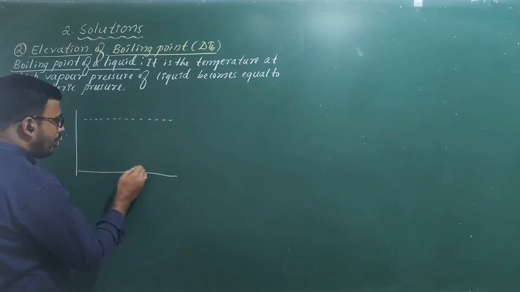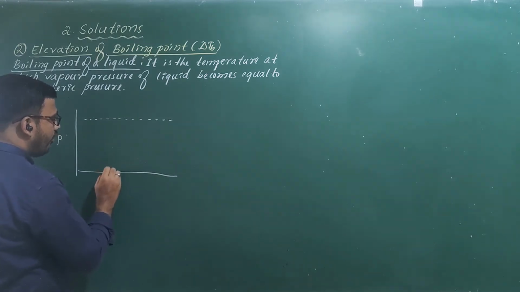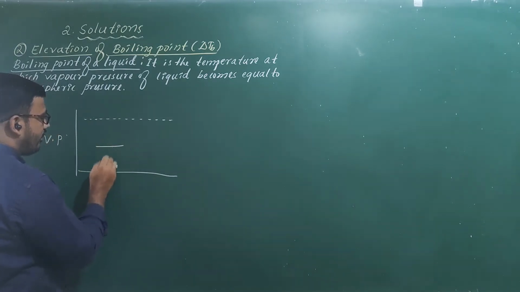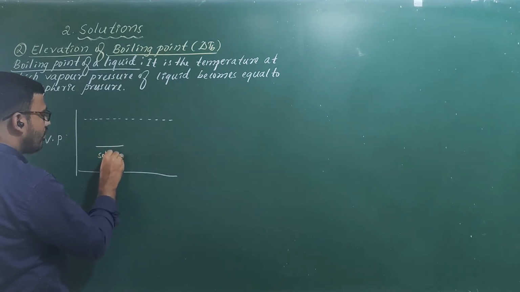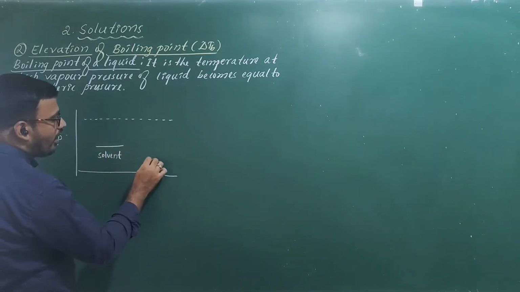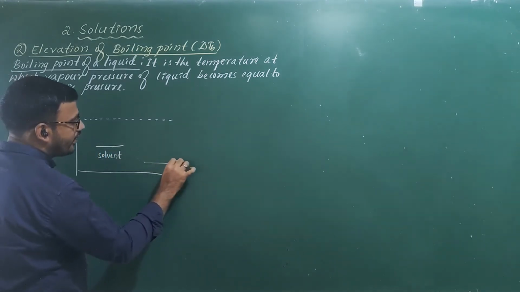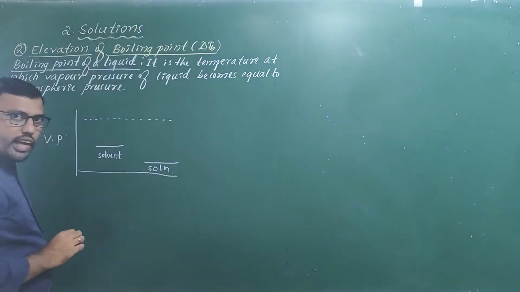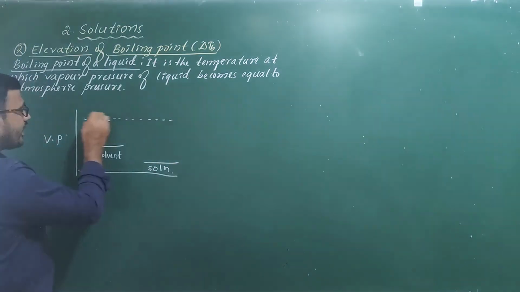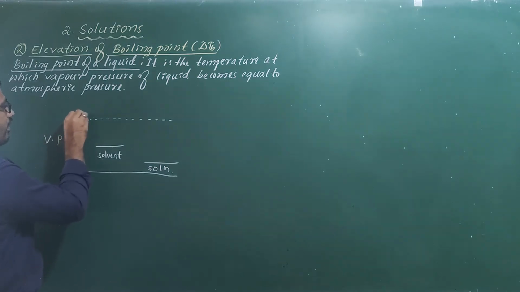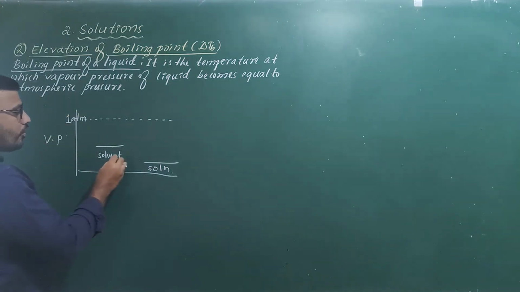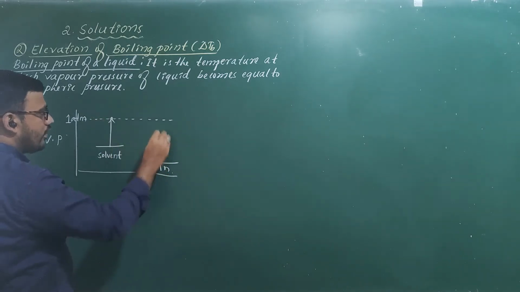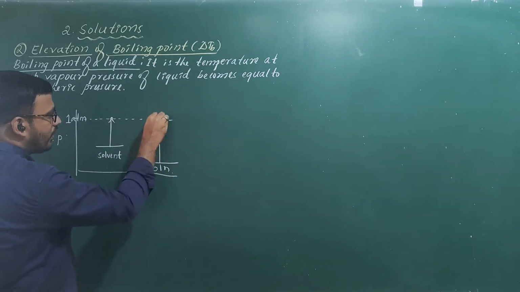We know that the vapor pressure of pure solvent is high, and the vapor pressure of solution is less. This is for solution. Now, this is 1 atmospheric pressure. On heating, it should reach this point to get its boiling point.